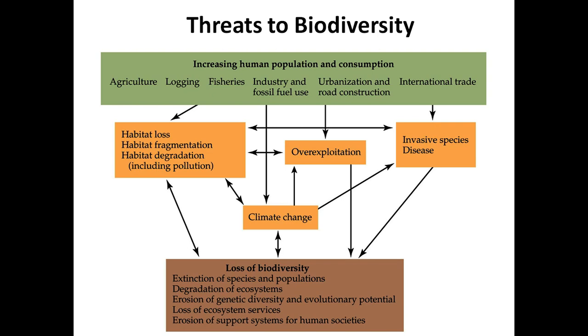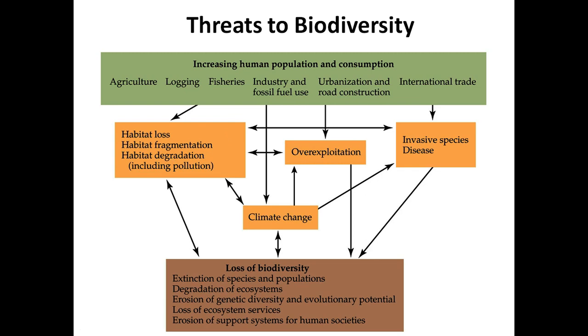For example, let's say in a recently logged habitat, now we have a clear area, and we've just created a new niche for some invading species. So these new invading species can colonize that open land, and it's a net loss of native biodiversity, but at the same time we gain some new invasive species, which is going to create more and more problems down the road. And also think about overexploitation. Think about a fragmented landscape.